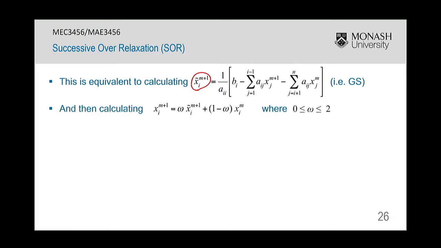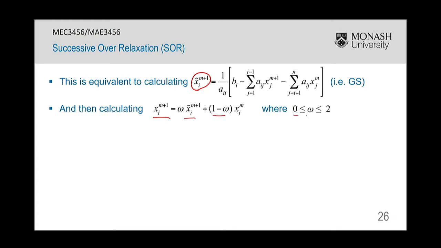Denoting that as that, we can see that the new value of xim plus 1 is equal to omega times the Gauss-Seidel iteration plus 1 minus omega times the old guess. So what we've done effectively is we've calculated something with Gauss-Seidel, we've weighted it by omega, and we've added on a different amount of our current guess. And the amount that we've added on is 1 minus omega times the current guess.